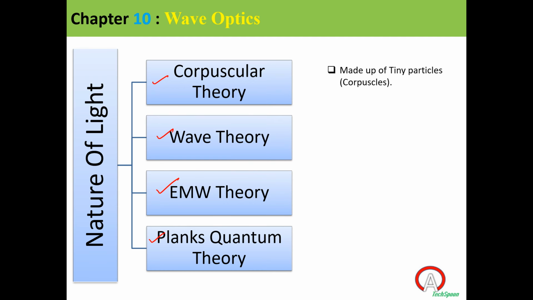Corpuscular theory. What is corpuscular theory? You would have studied reflection of light, right? So there you are saying that light is moving in a straight line in the form of rays, right? So corpuscular theory says that light is made up of tiny particles, which are called corpuscles. Tiny particles, small particles.